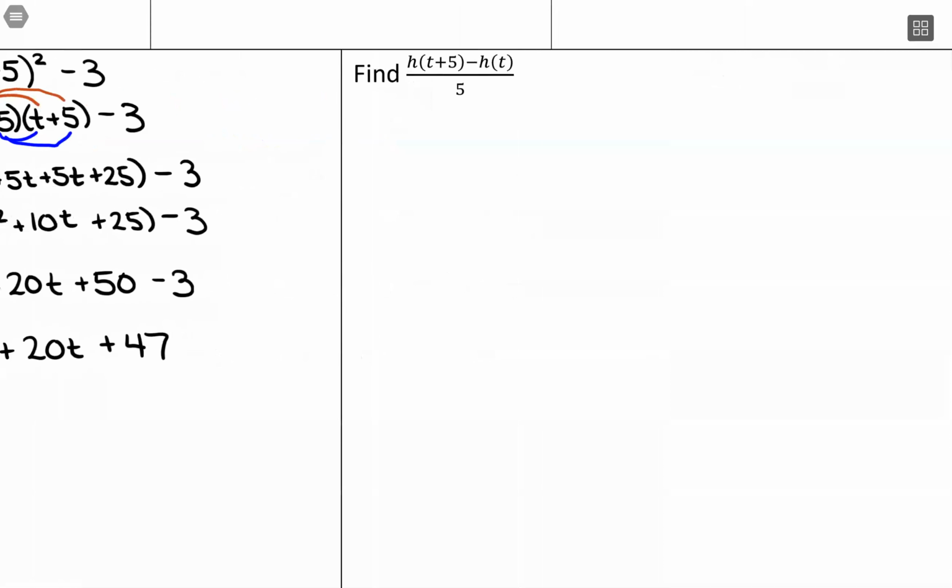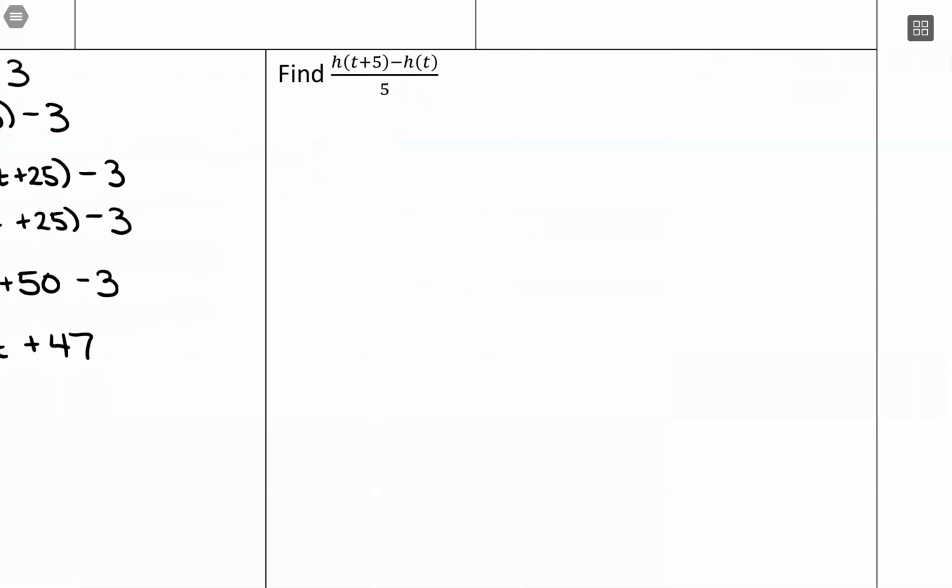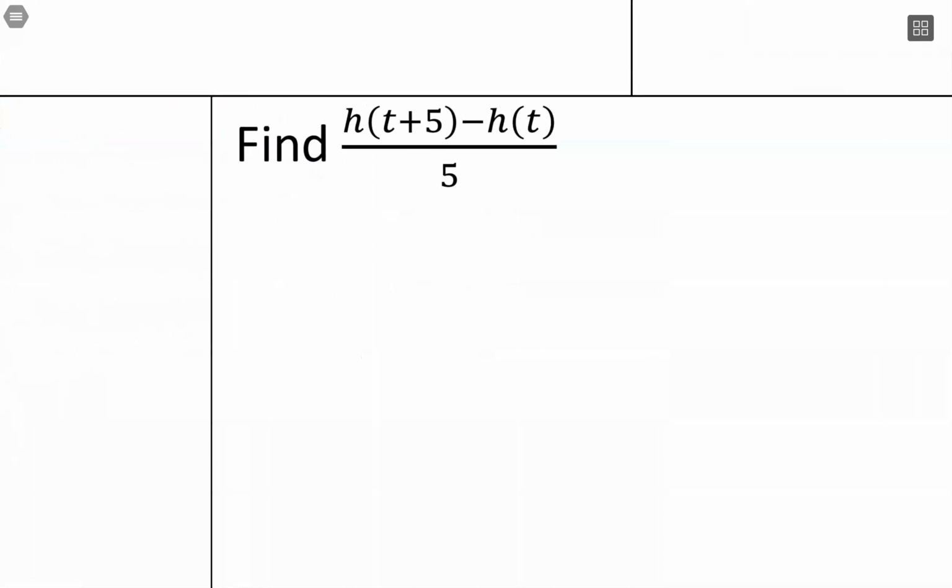Alright, in this next example, what we can see here is this difference in outputs. We have this input that was increased by 5, and then we have this original input. And then in the denominator, we have this distance of 5.